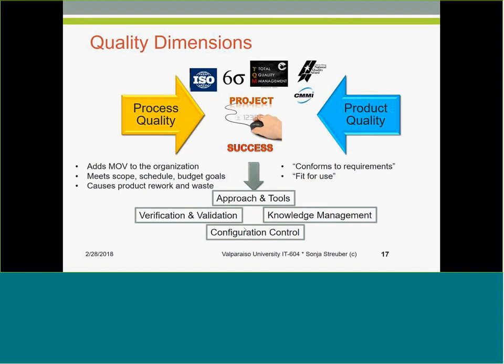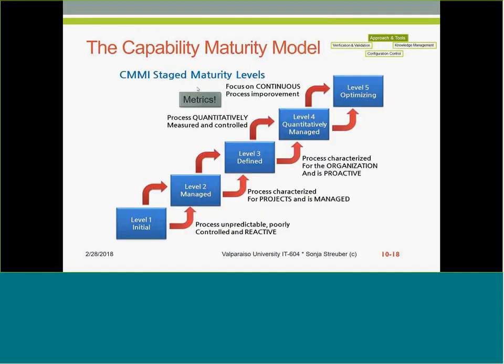So in tools, if we look at the capability maturity model here, this is really one of the most frequently used models to perform quality assurance, and to ensure you have a good quality framework going on in your organization, not just for a product, but also for a project, right?